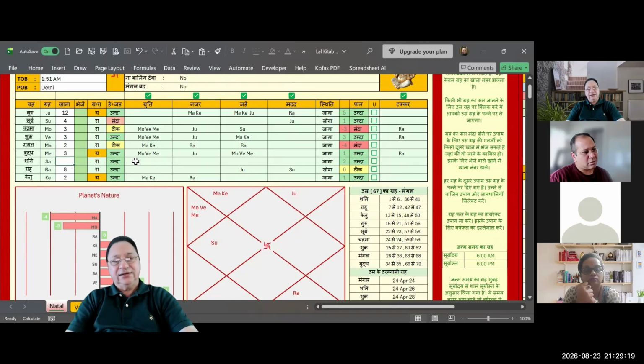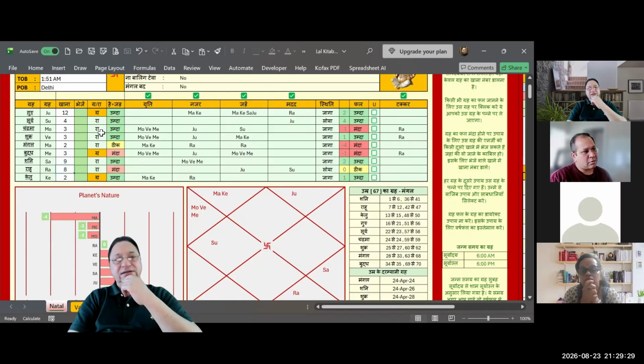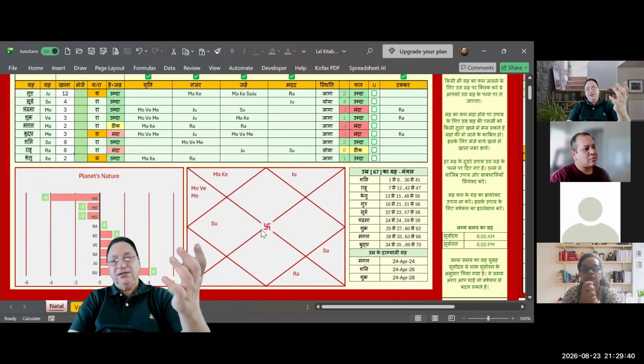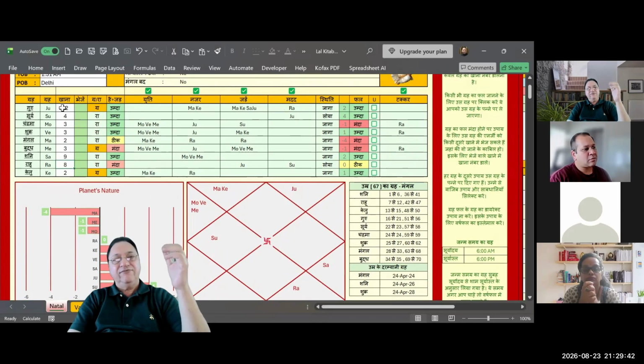And Saturn, let's say in the 9th house. Okay. So whatever planets are there, we just fill in this information, then this chart will get filled up. So if you change these numbers, this chart will change here. Right? So all you need is a chart from any app and fill in these numbers.